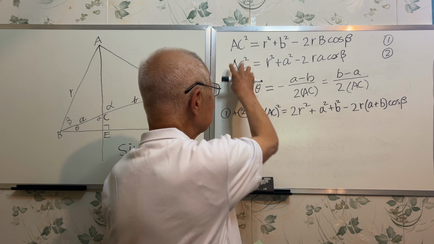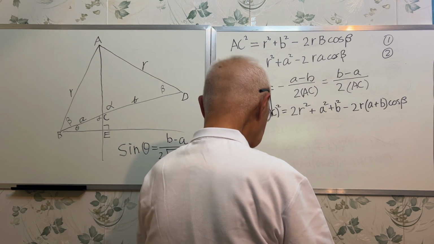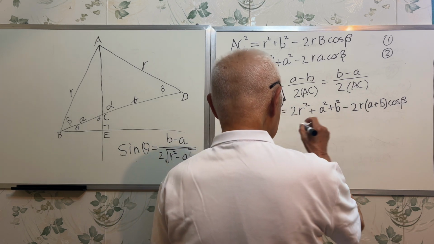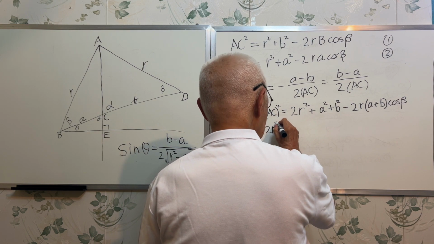So just add these two equations. And then there is a trick, 2r squared.